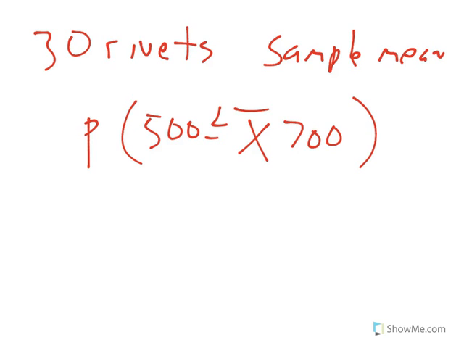We sample 30, so there's our n. We don't know the mean, but say the mean is 600.